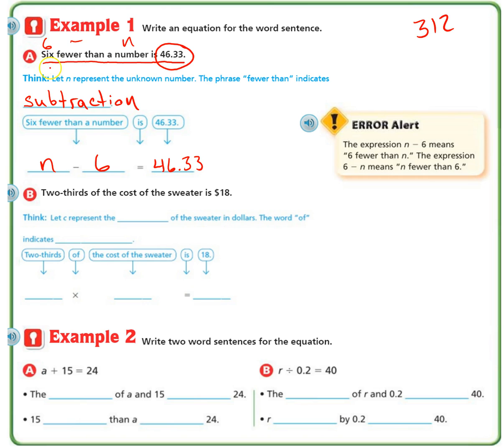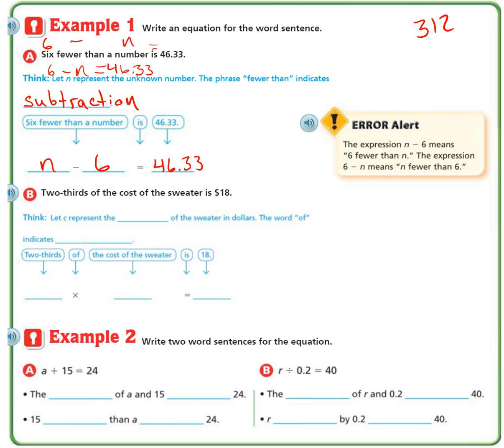And what they want to do is say, oh, okay, 6 fewer, that's minus, n is number, equals is the word for equals, and then 46.33. Okay. Now I understand how sometimes if you're going through something quickly, that makes sense, right? Why isn't that right? Why can't I write 6 minus n equals 46.33?